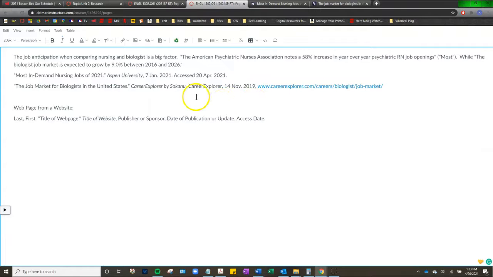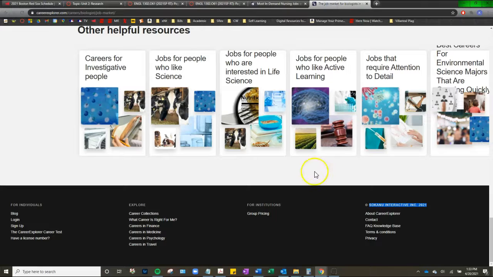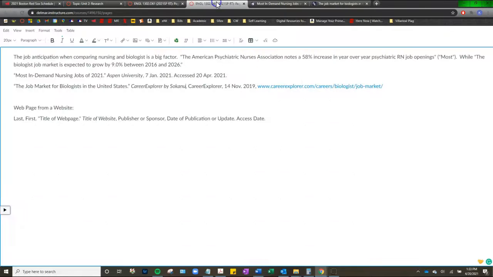Okay, we'll get this fixed up. So I would say the publisher or sponsor is Socanu Interactive Inc. That's who's paying the bills, not Career Explorer, because Career Explorer is maybe like their second label or just their website.